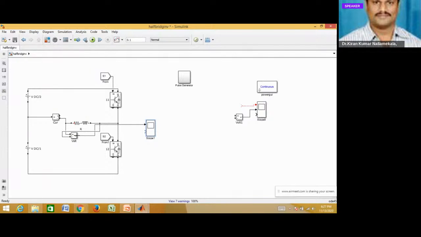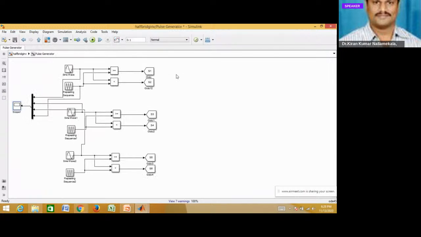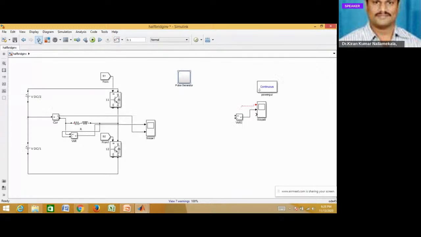Now here we need only one phase, A phase only. However, B phase and C phase we are not using. So just if you simulate, you will get the voltage and current waveform.